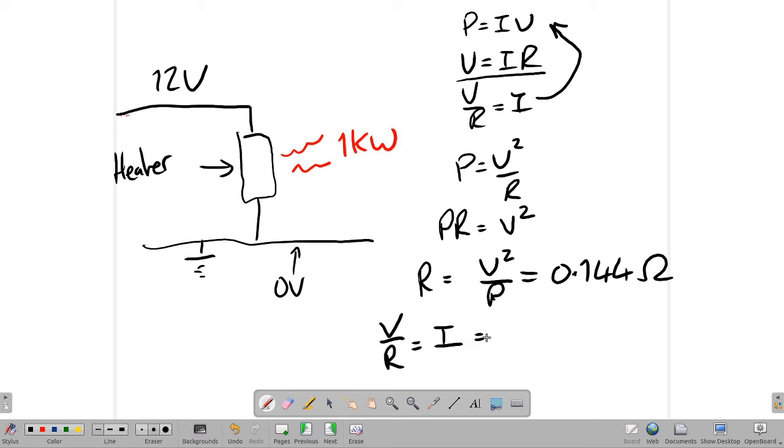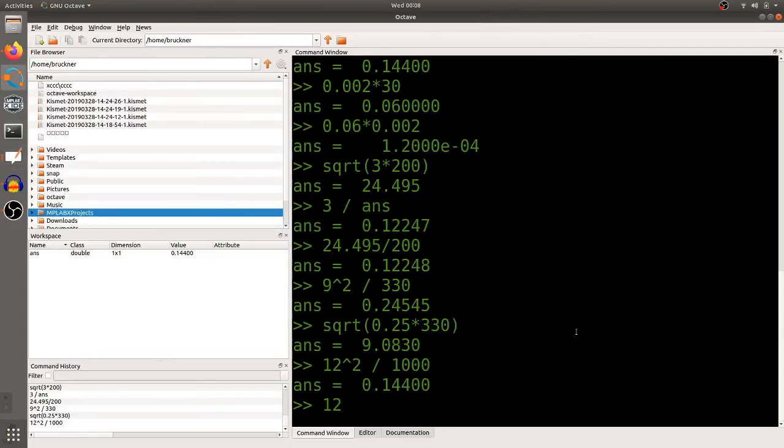We've got 12 divided by 0.144, our previous answer, which was the resistance.